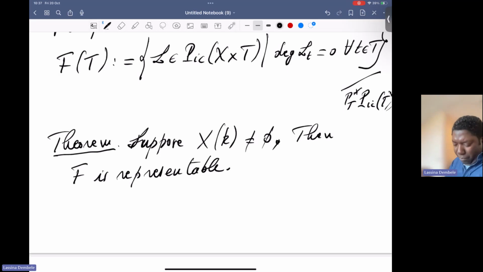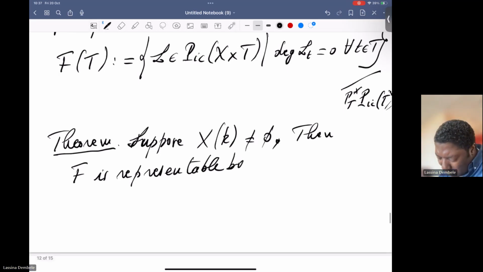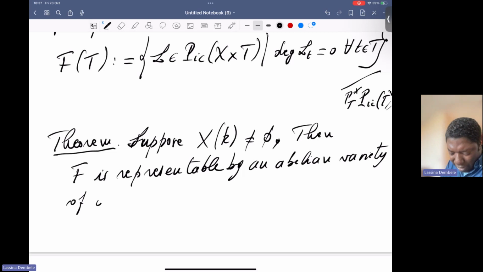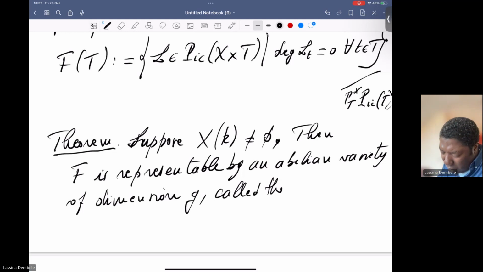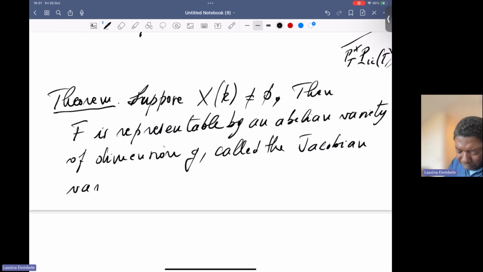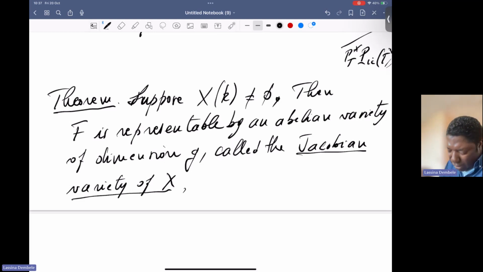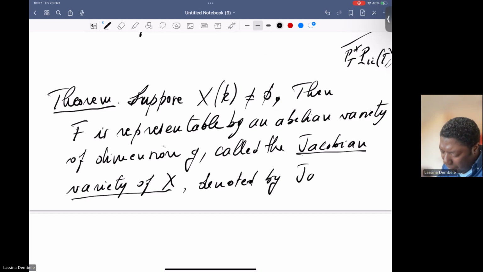It is representable by an Abelian variety of dimension g, and this is what we call the Jacobian variety of X, and we will denote it by Jac X.